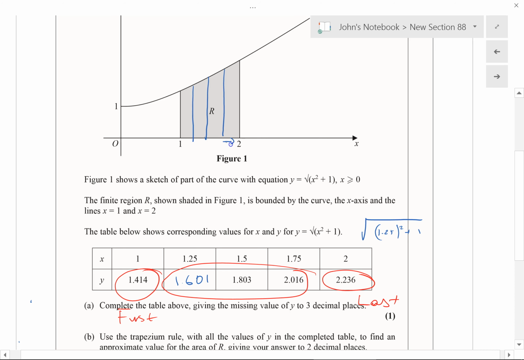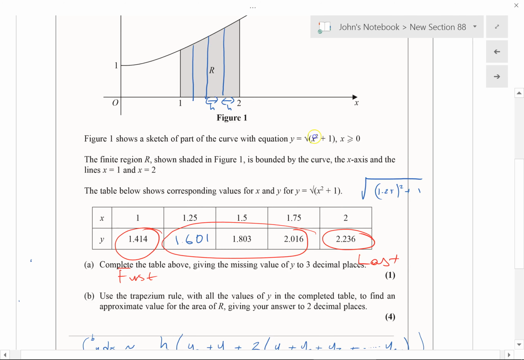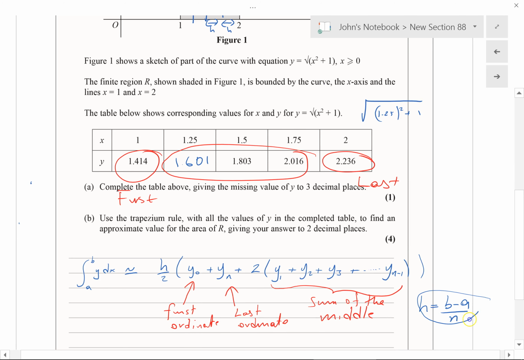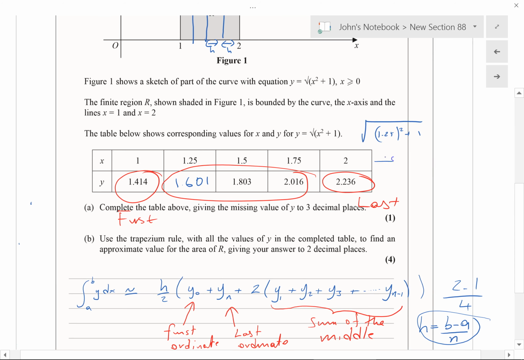The h is actually this number here, which is 0.25. You don't really need a formula for that. If we did, we would just do 2 take away 1 divided by 4. But it's surprising the number of people who would divide that by 5, because one of the key facts about the trapezium rule is there is always one more ordinate. In other words, we've got 5 ordinates there.